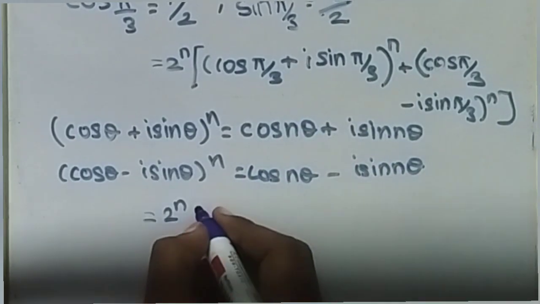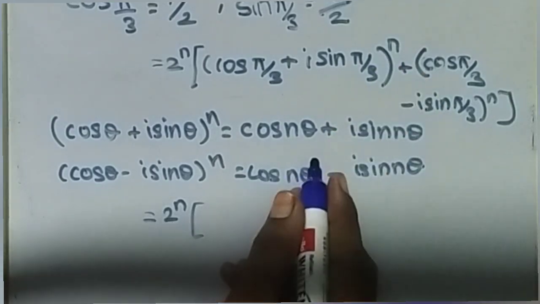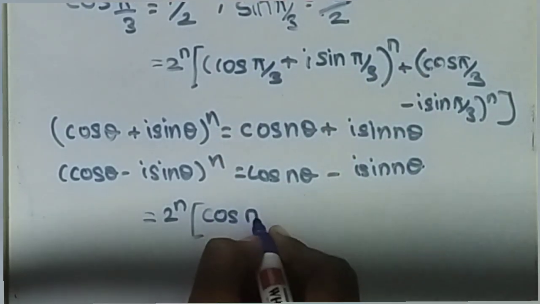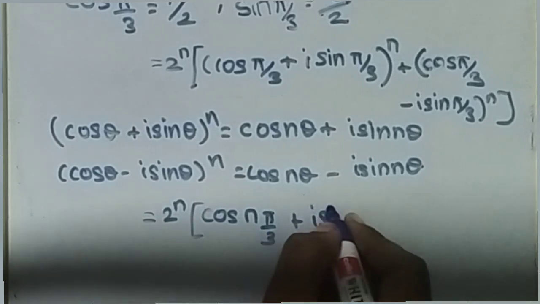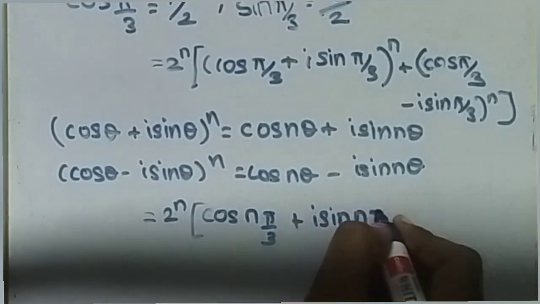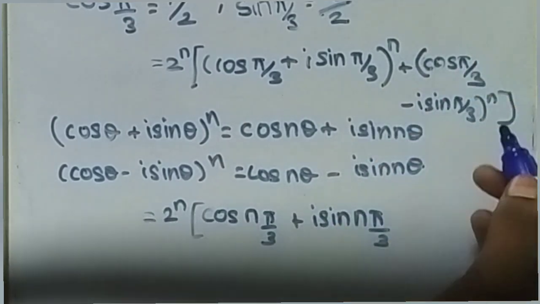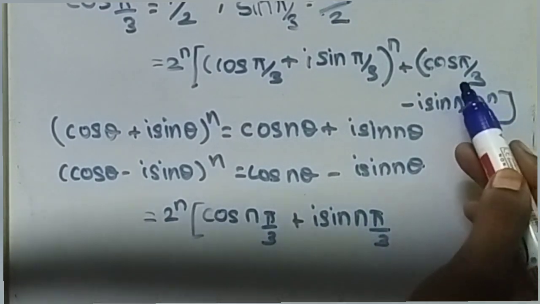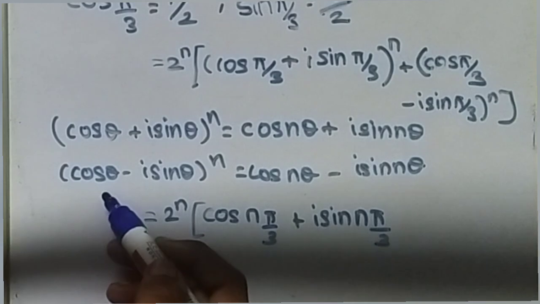So we substitute here? Yes. What is the theta here? Pi by 3. So cos n multiplied by pi by 3 plus i sin n multiplied by pi by 3. Clear? Clear. What is the next term? Cos theta minus i sin theta, power n. So what is the formula for that?